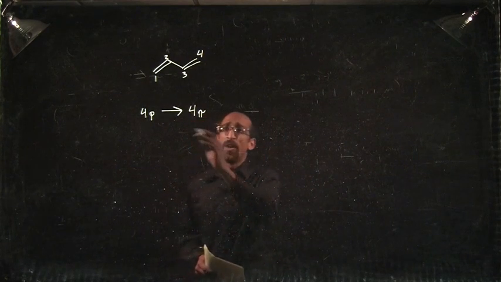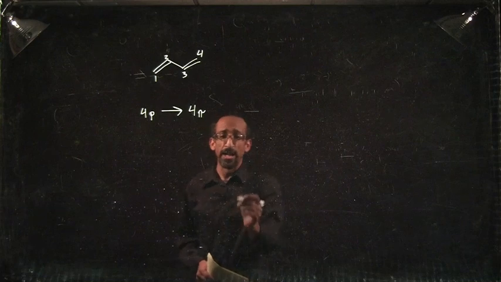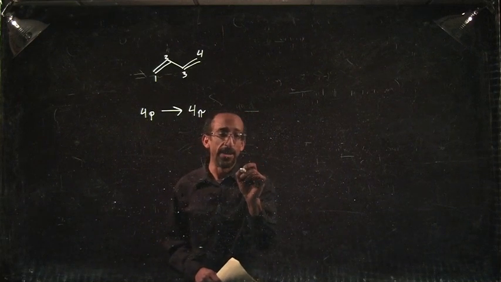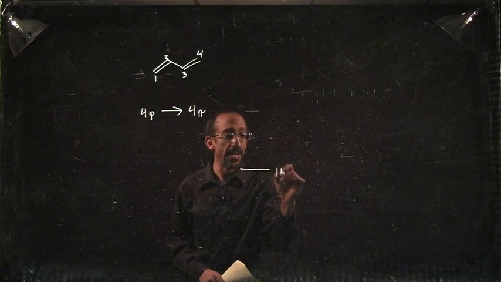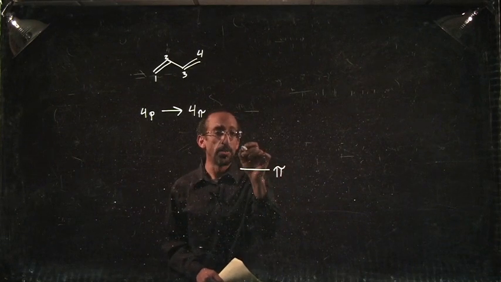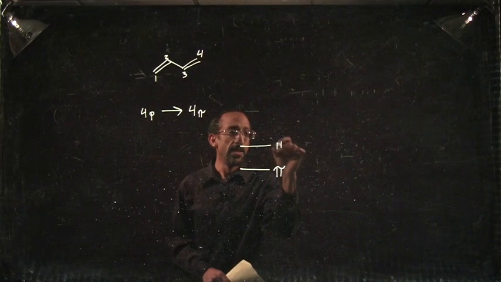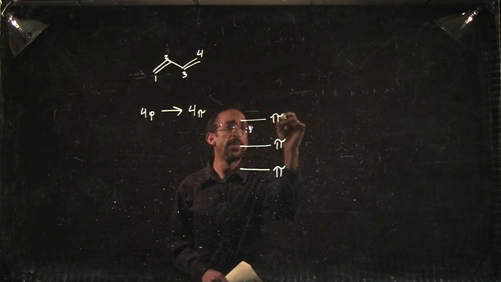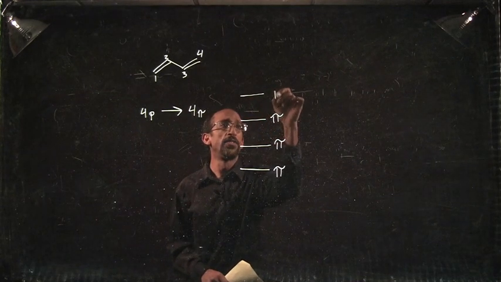Once we know how many atoms are participating, we can immediately draw in the orbitals in their various energy levels. Here's 1, here's 2, here's 3, and here's the 4th one.